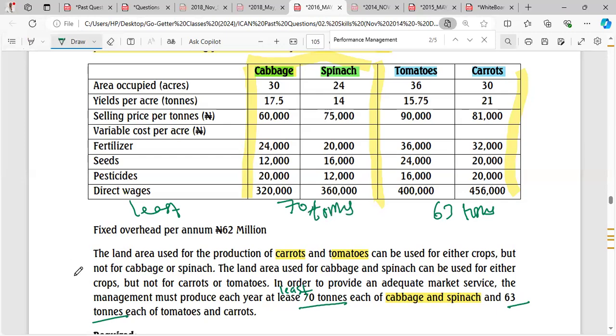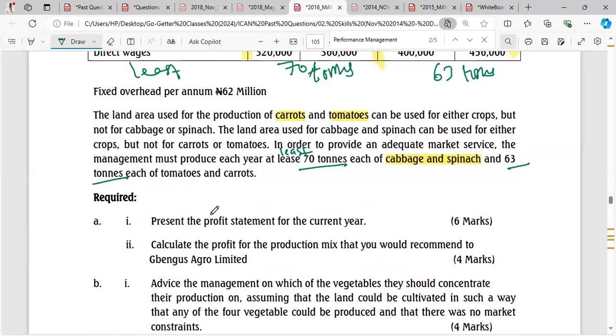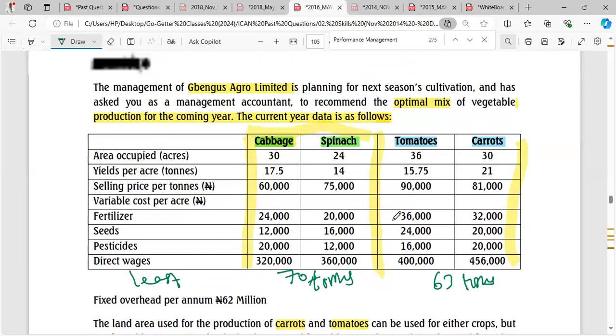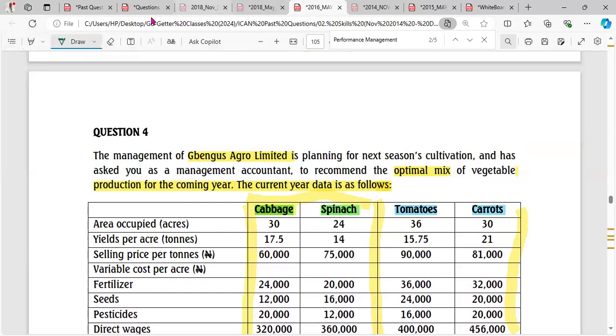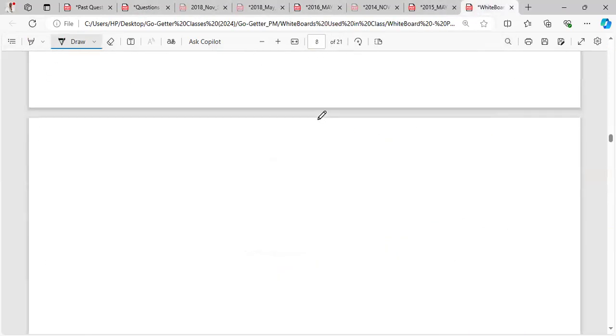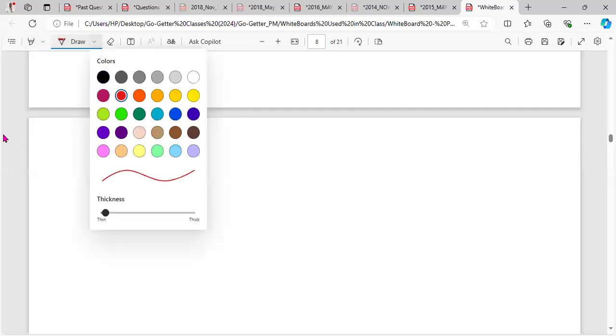All right, then we are asked now to present the profit statement for the current year. So how do you produce a profit statement for the current year? Let's try our hands now.